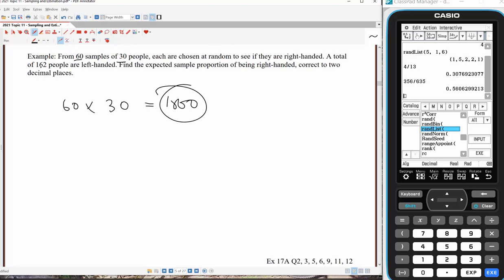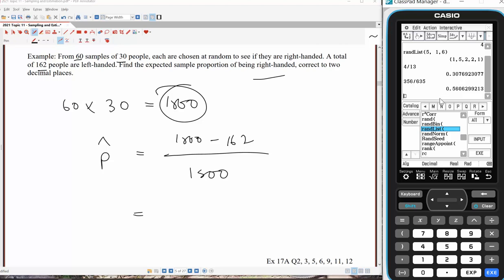A total of 162 people are left-handed. So find the expected sample proportion of being right-handed, correct to 2 decimal places. So that is the sample proportion, P hat, which, remember the formula, is the number of people who exhibit this thing. So right-handers, which is 1,800 take away the number of left-handers, which is 162, over the number of people in the sample, which is 1,800.